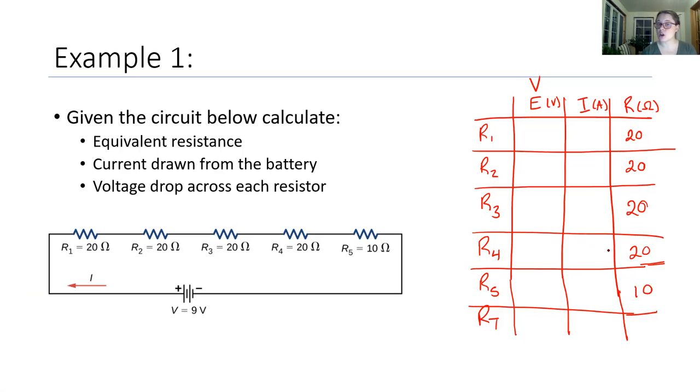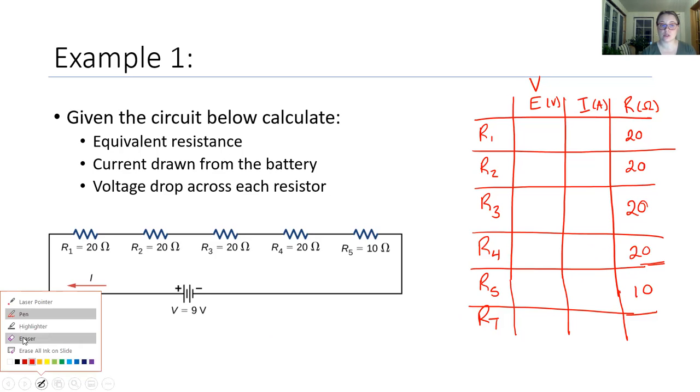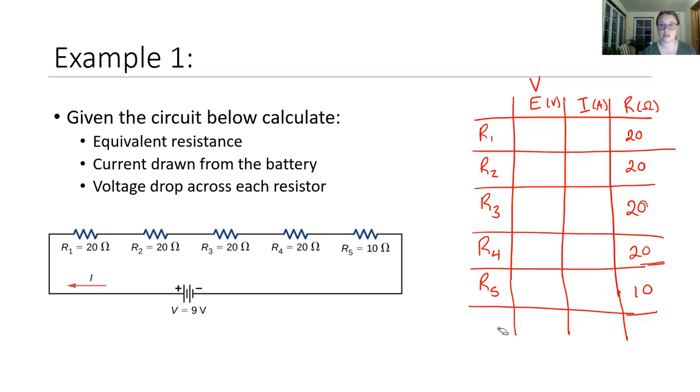So we can already apply one law. And then the total, actually, instead of RT, I don't really want RT. I'm going to do, this is the source, or the total, if you want to think of it that way, okay?